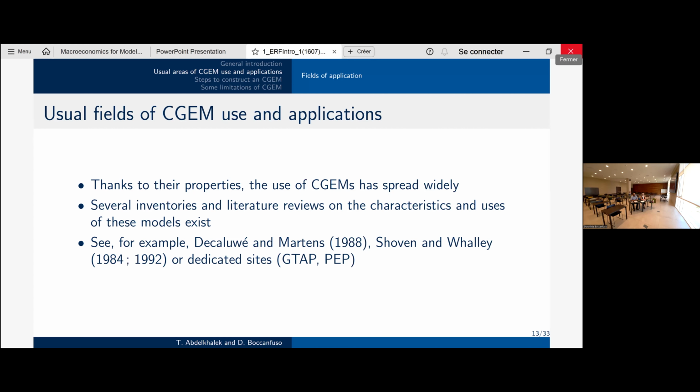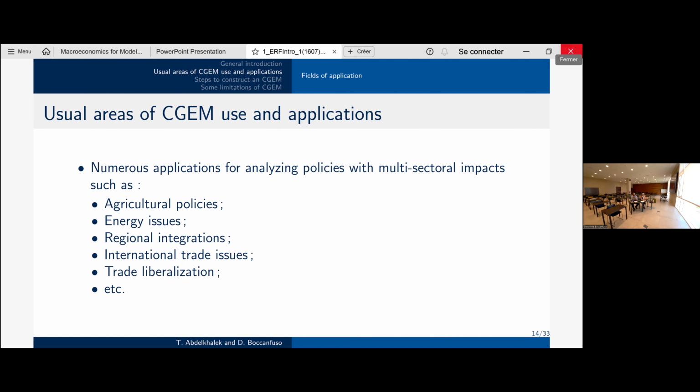PEP is also from Laval University, and now in Kenya, I think. There is ECOMOD, and many other networks where there is training on CGE models. This is what we are presenting today with Shahir and Dorothy. It's an introduction to that, but there are many other sites where you can look for more resources.